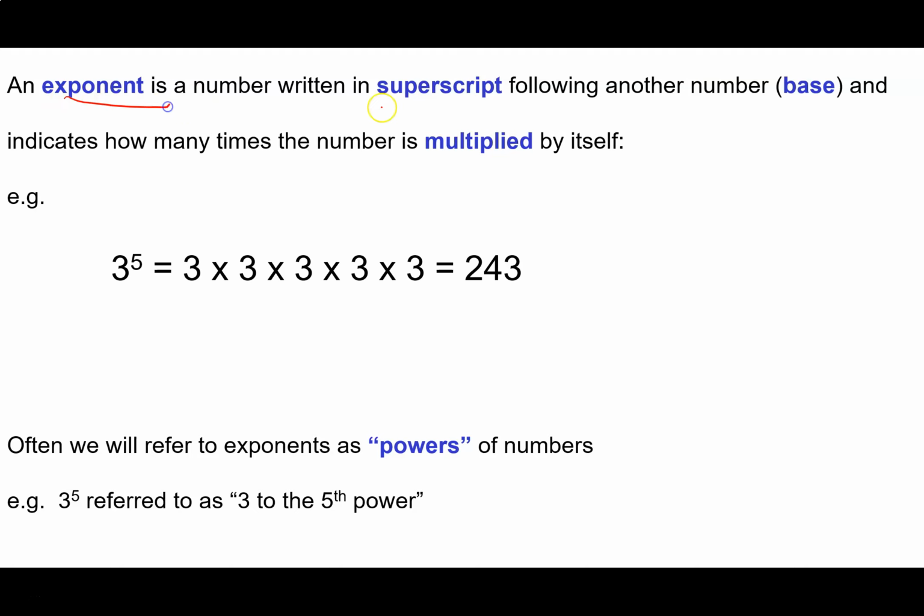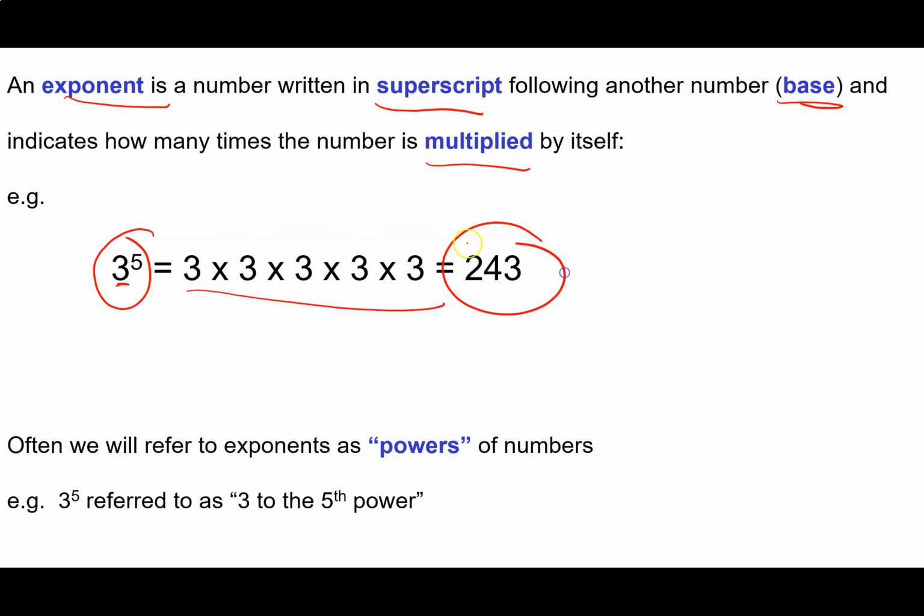An exponent is a number written in superscript following another number that's called the base. The exponent just indicates how many times a number is multiplied by itself. So when we write 3 to the 5, that just means multiply 3 by itself 5 times. You should know how to enter these exponential terms into your calculator.